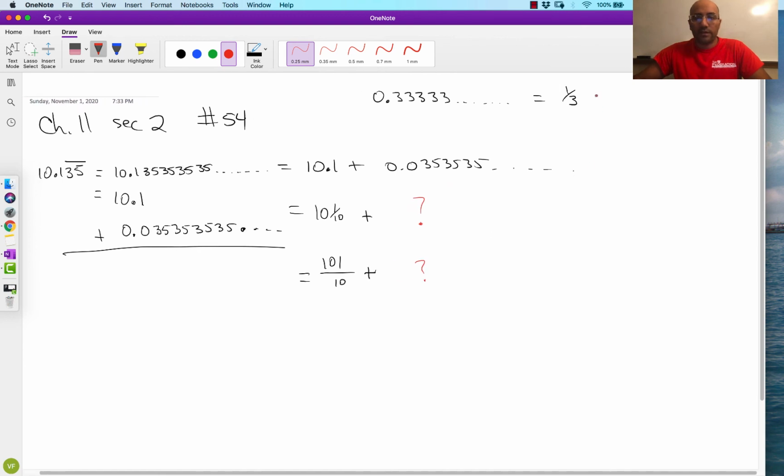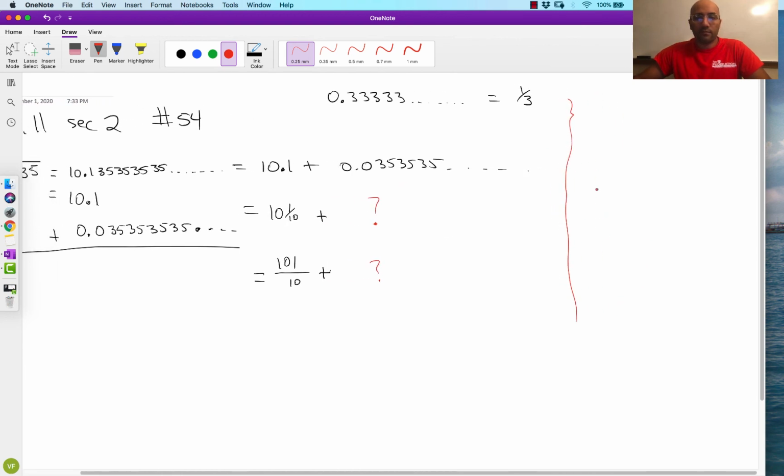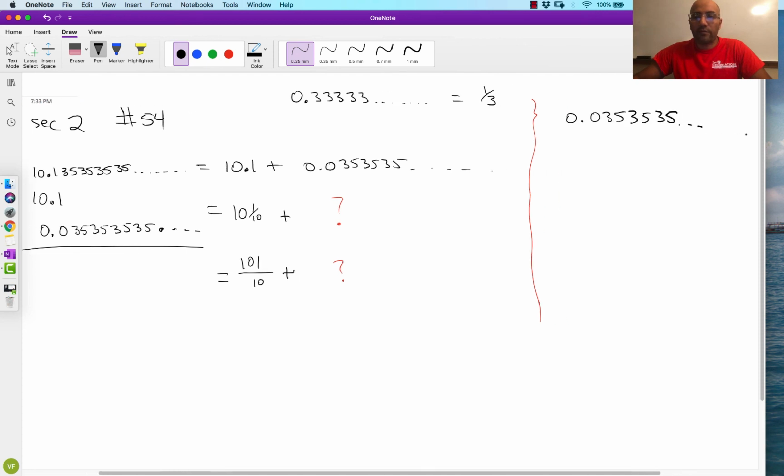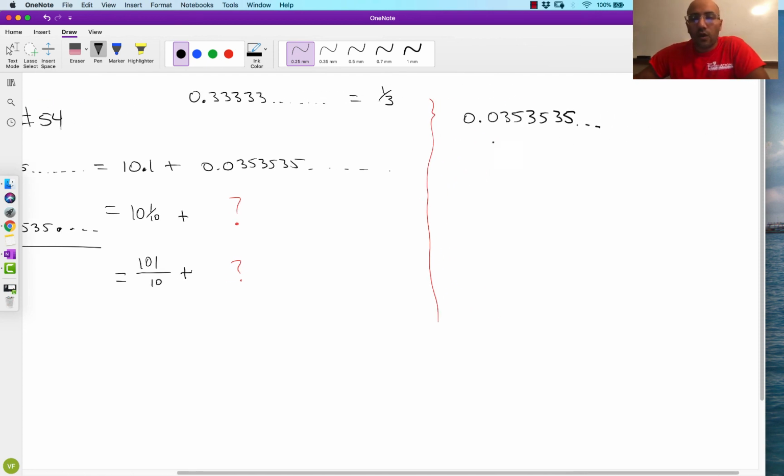Let's go off to the side here and figure out what 0.0353535 forever looks like. Okay, so I'm going to separate this into pieces as well.